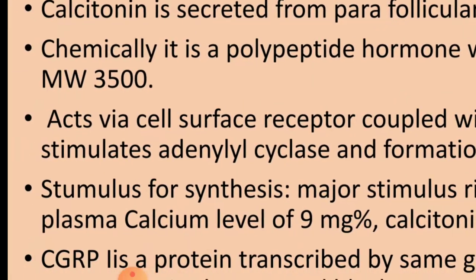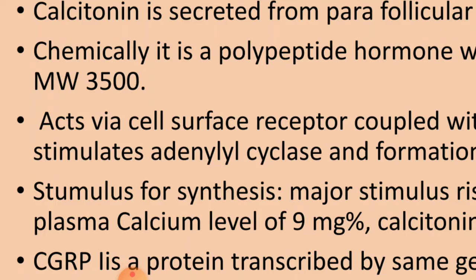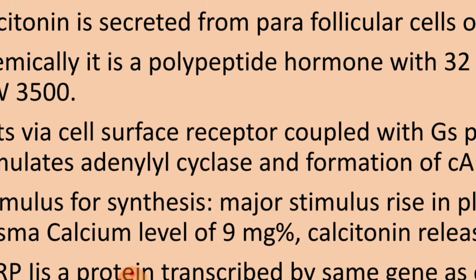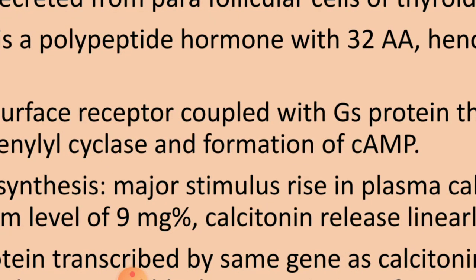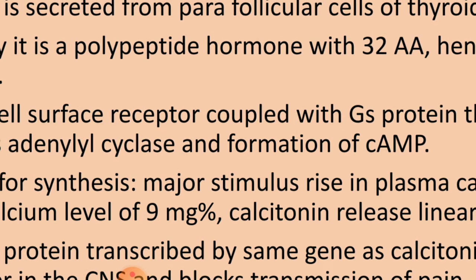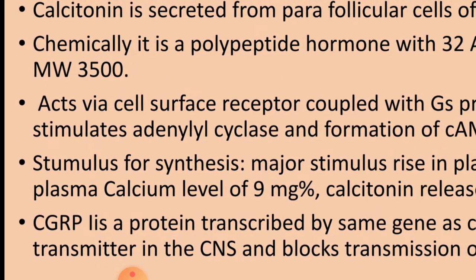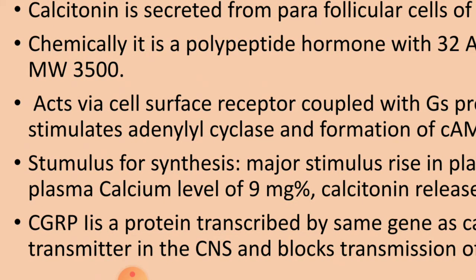Whenever it is stimulated by the attachment of the hormone outside the cell membrane with the receptor, it stimulates adenylyl cyclase enzyme, which ultimately leads to formation of cyclic AMP, which is the specific second messenger for calcitonin hormone. Now after the formation of second messenger cyclic AMP, the specific desired action is achieved in the cells. Now this is the mechanism of action of calcitonin along with its source.